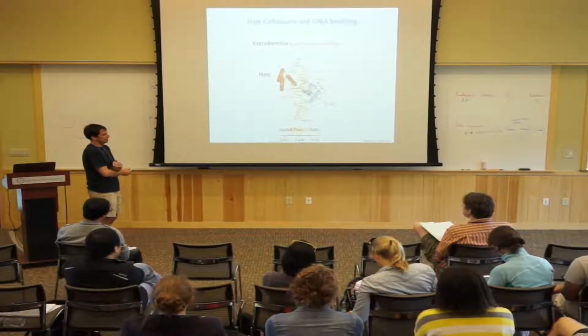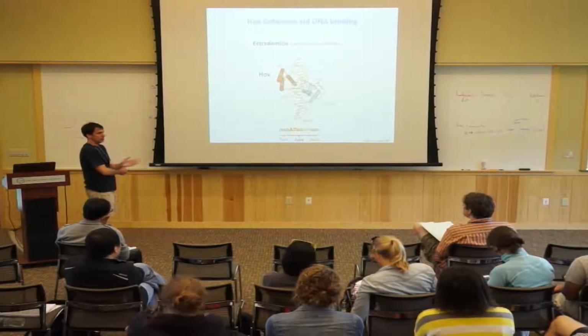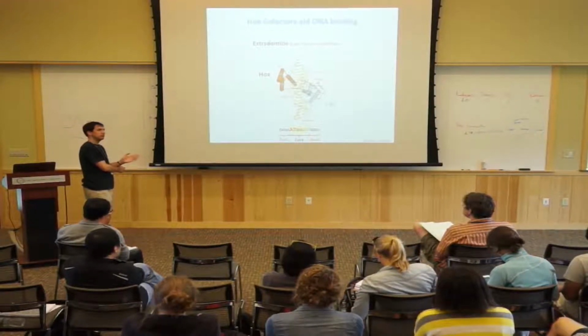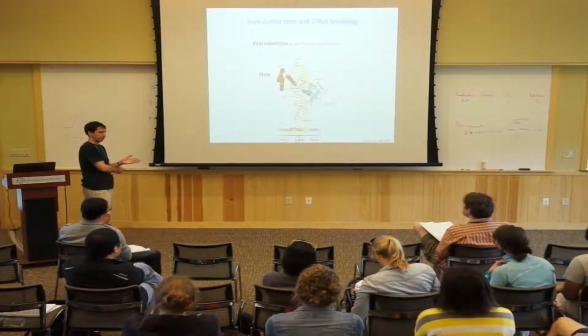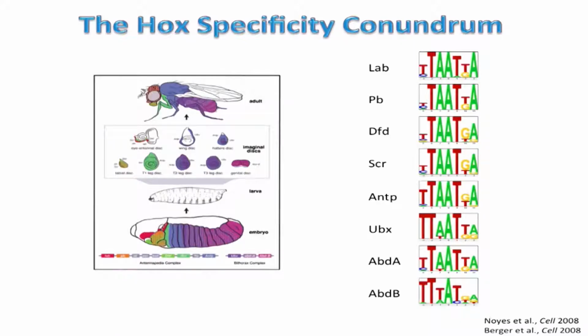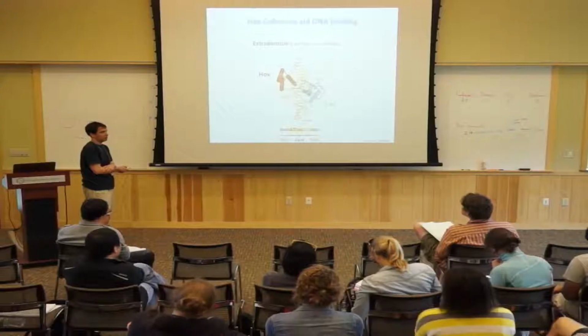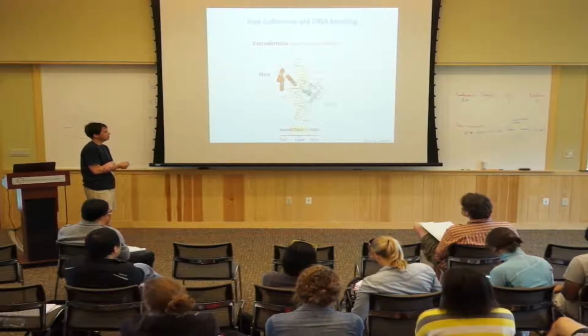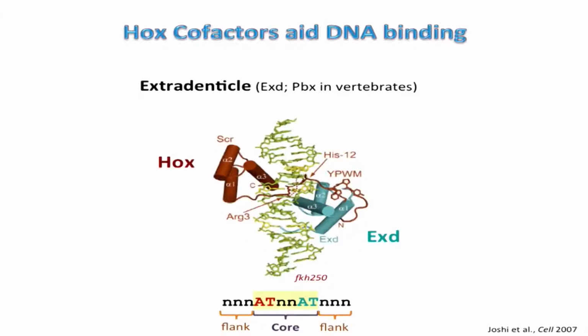Yes. No, that's a good question. You're absolutely right. The guesses that led us down this path to look at this heterodimeric complex, which is extradenticle, are all from this crystal structural complex, and another crystal structure complex.